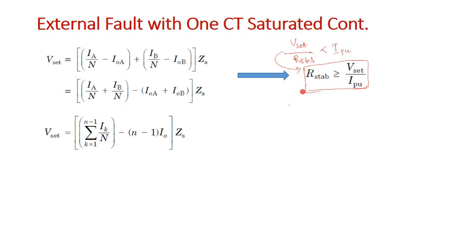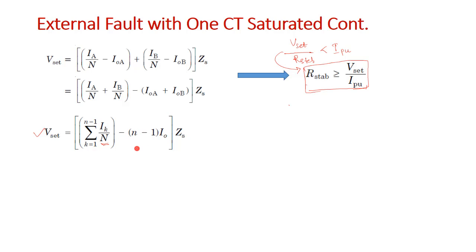And in fact we know that if we have n number of lines connected to the bus, you can generalize the formulation, and your V set will become in fact Ik by n. N is your CT ratio, right, and K is the index for the number of lines. So K is varying from 1 to n minus 1, Ik by n sum minus n minus 1 IO.